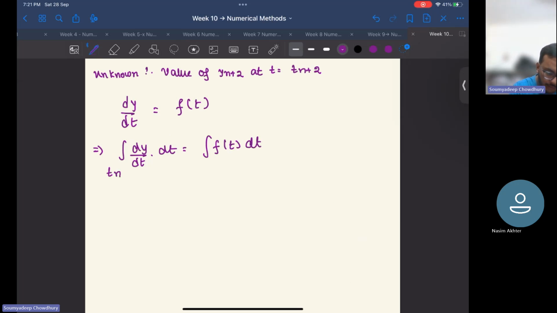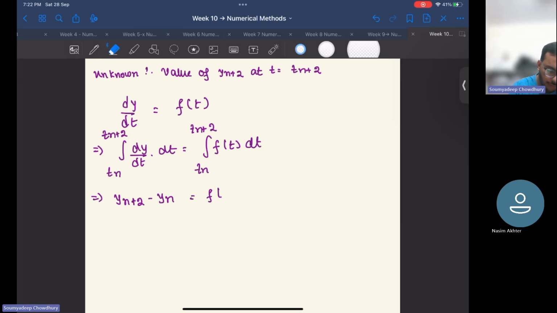This is from tn to say tn plus 2 we are doing, right? So here also it is from tn. Now if we substitute this, dt will cancel and it will be basically yn plus 2 minus yn. But this f of tn plus 2, we do not know. So this is unknown to us.